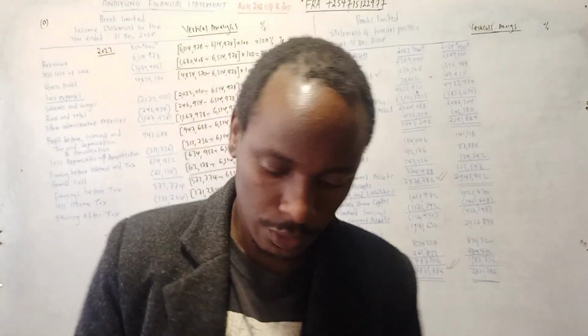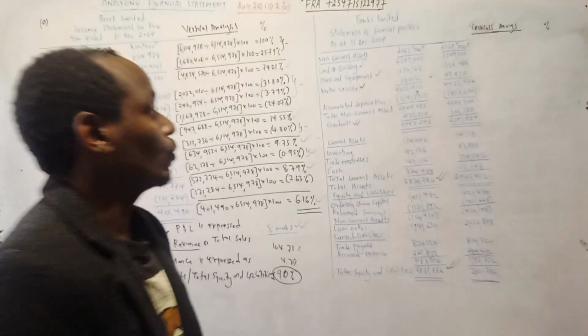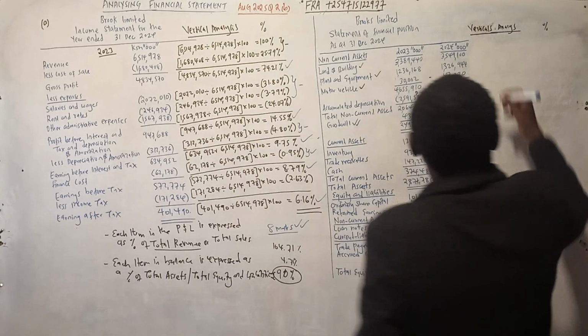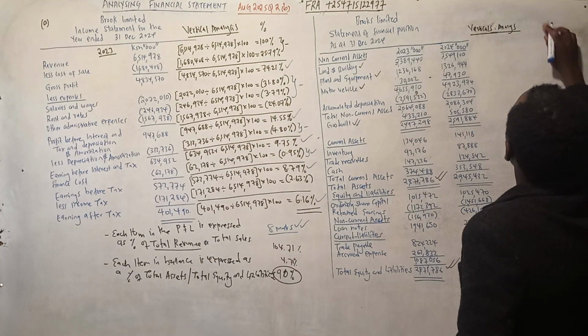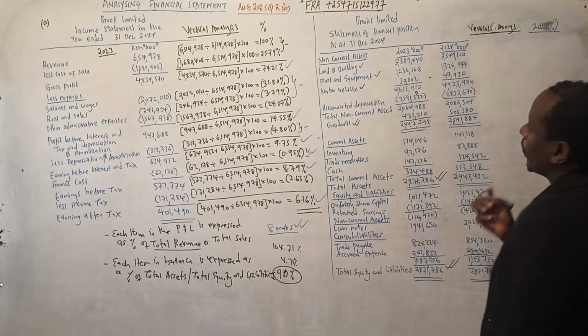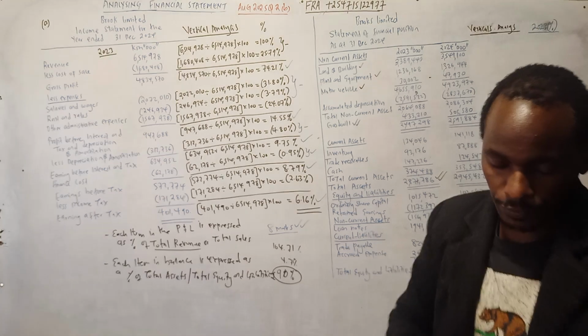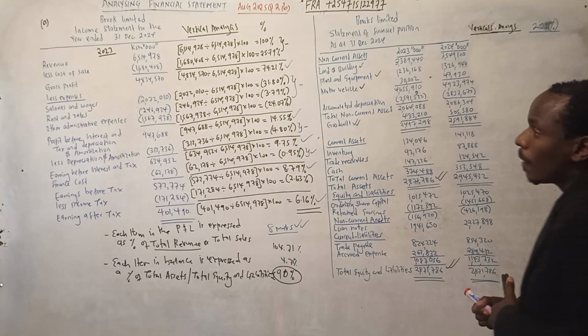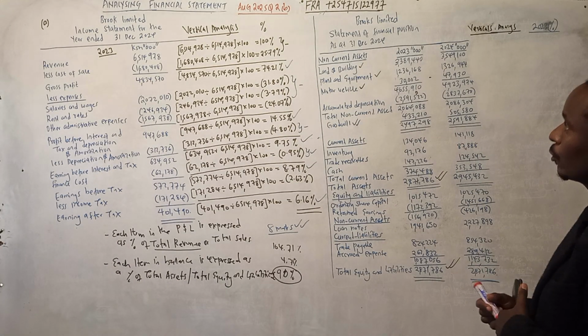Now I'm going to do for 2023, then you do for 2024. So let's start with 2023 percentage. Every item is expressed as a percentage of total assets.